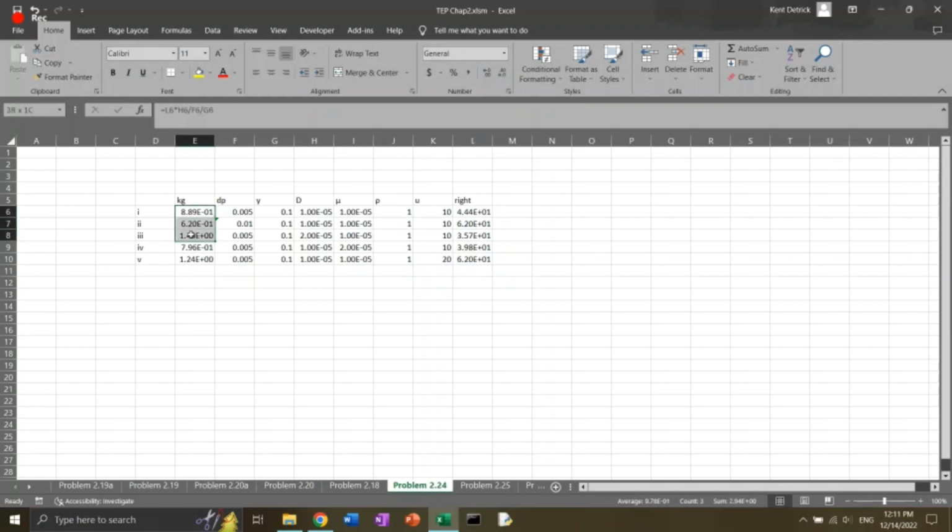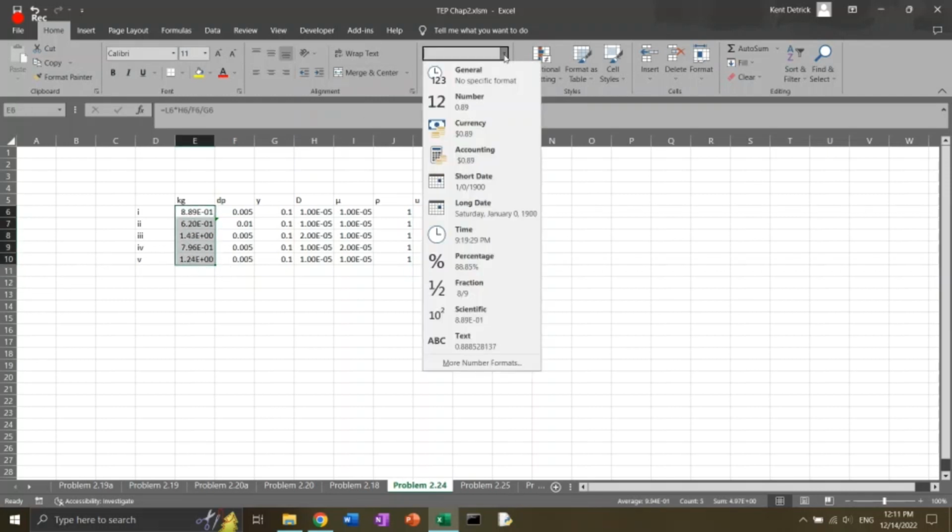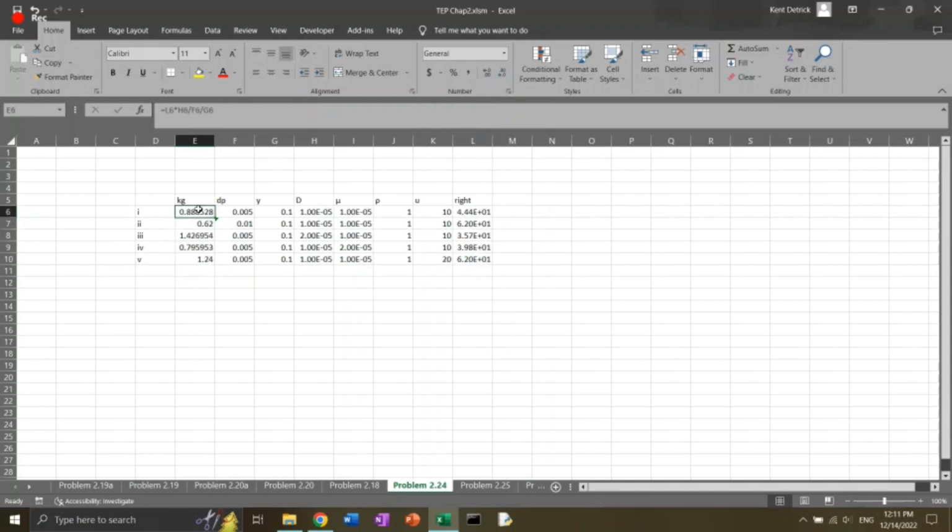Okay, let's get it so they all have the same significant figures here. So these are all of the kg values for those different scenarios. Great, and that is the end of problem 2.24.